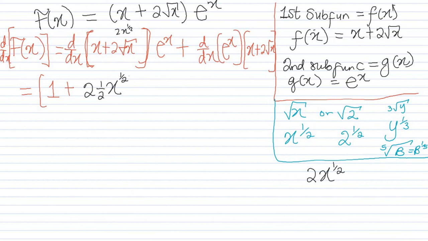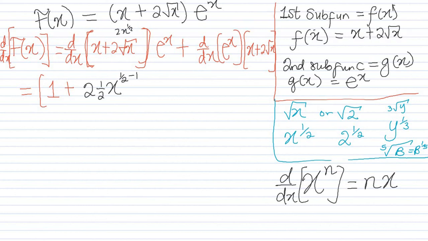Now we're going to do minus 1. Remember what the power rule is? The power rule is basically when you're given x raised to the power of n and you're supposed to take the derivative of it, you bring down the power n, and then x, and then that power n that you brought down, we decrease by 1, so that will be n minus 1.